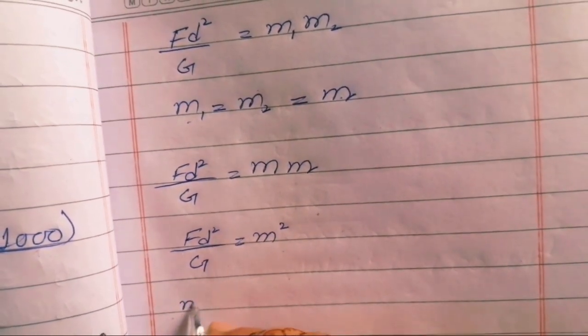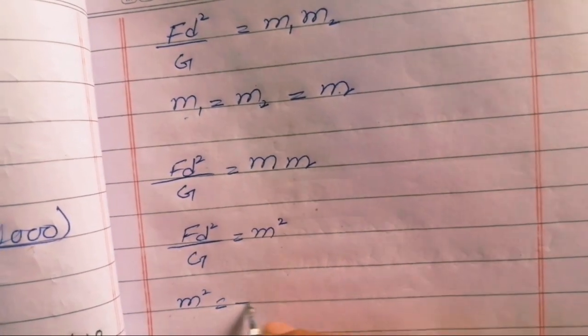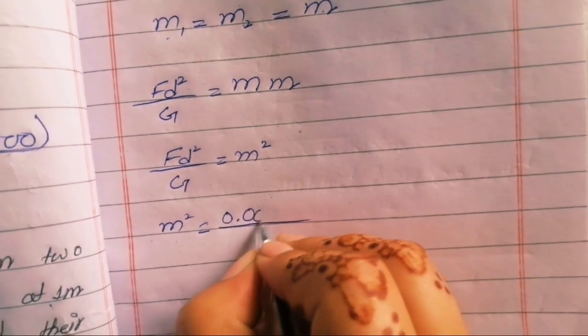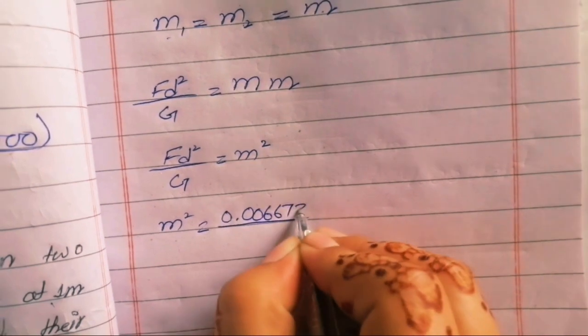So now we will put the values inside the formula. The value of F is 0.006673.